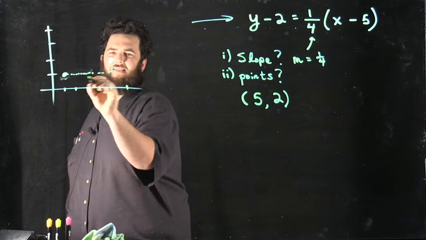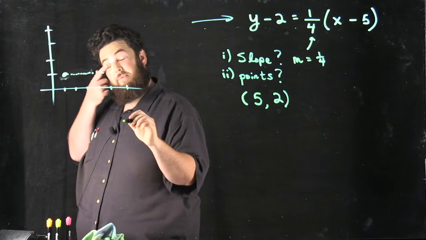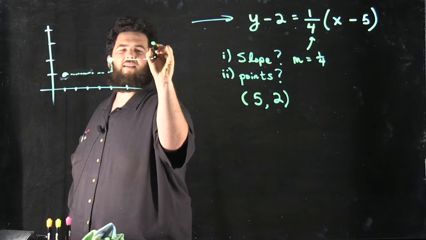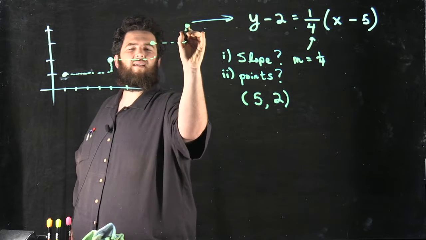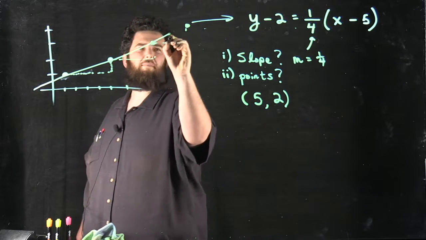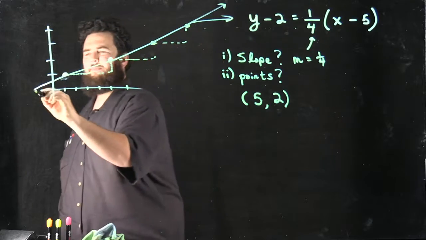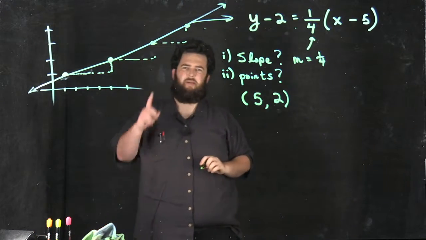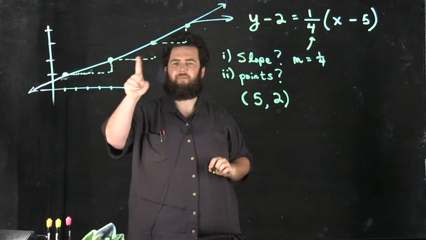And check it out. That's a slope of positive 1/4. And I can keep doing that forever. There's a nice line with a positive slope of 1/4.